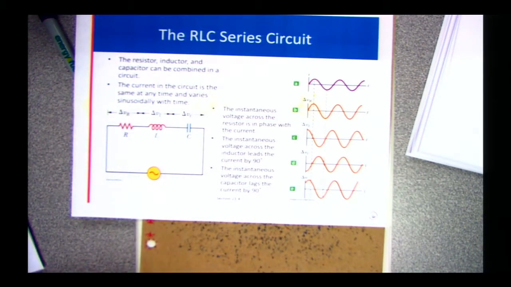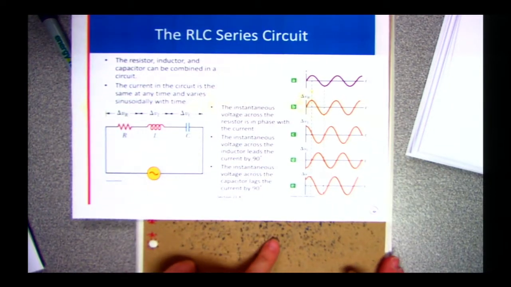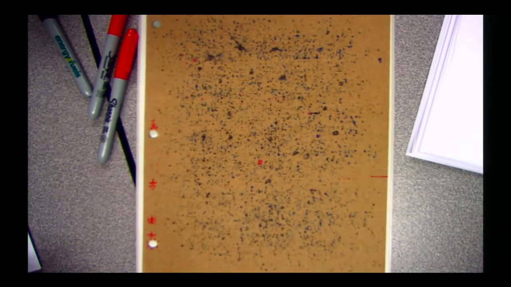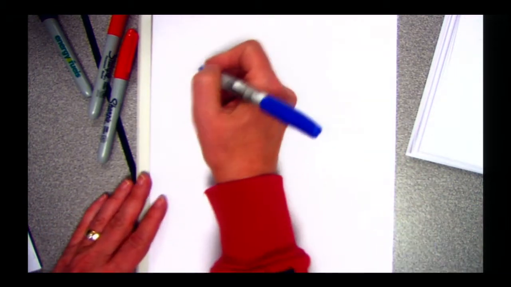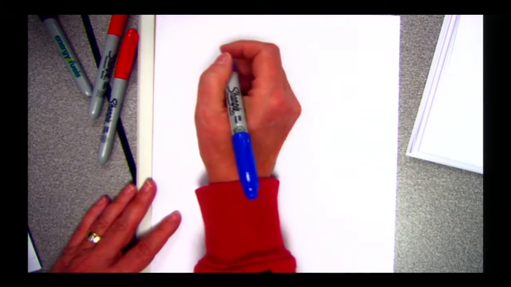So understanding the fact that we have three phases in our AC electrical systems is a big deal. It's a big, big deal. And that's why you have those three-prong plugs for your 220s, is because now those bigger pieces of equipment have to adjust for those phases. So what happens to us is that we end up taking those three reactances, okay? We end up taking those three reactances.